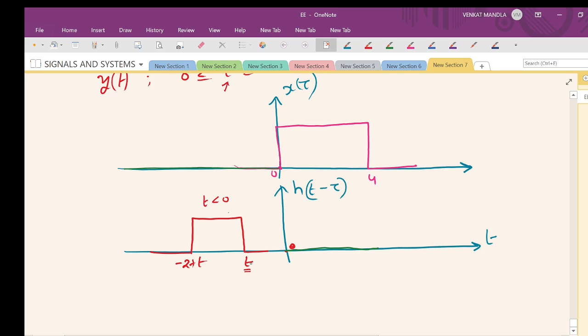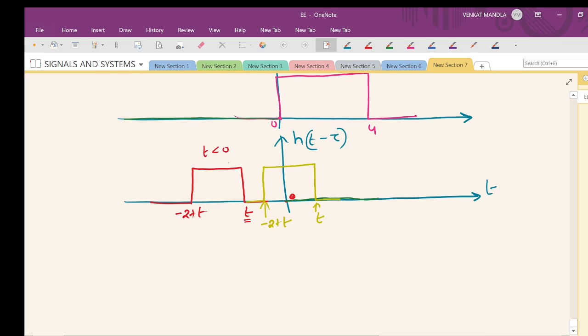I am shifting the signal towards the right side, which means this small t value will be positive. So this point is minus 2 plus t and this point is t.